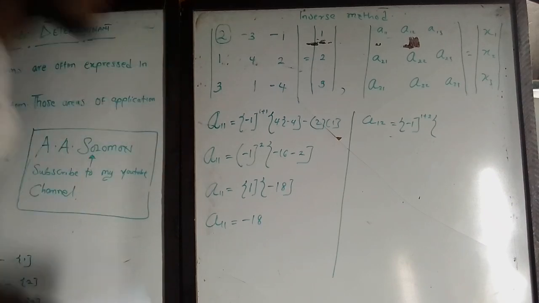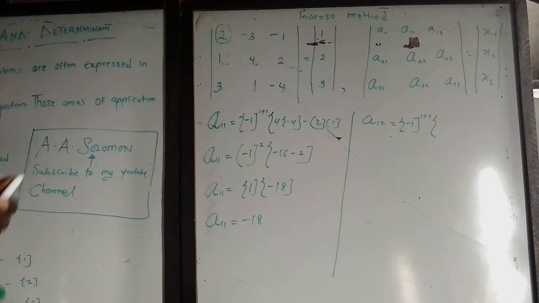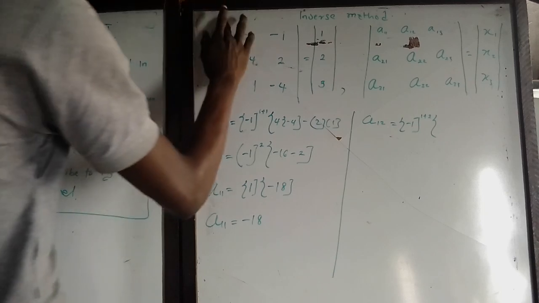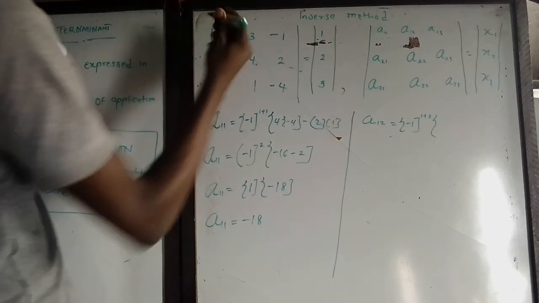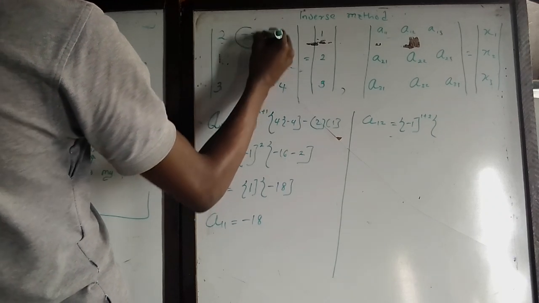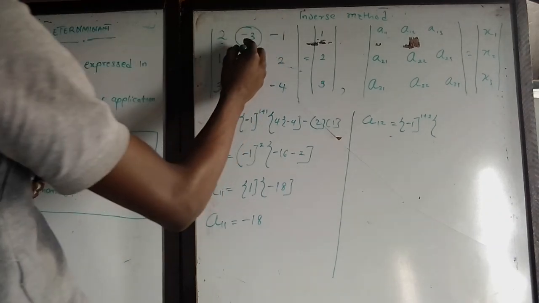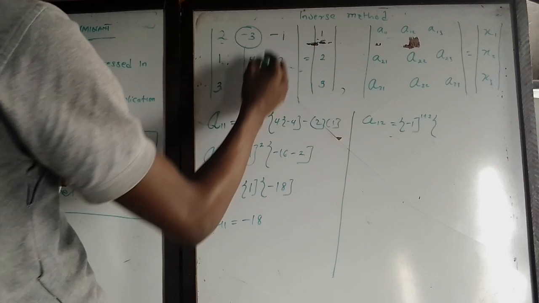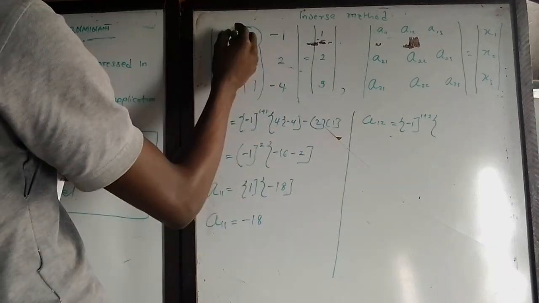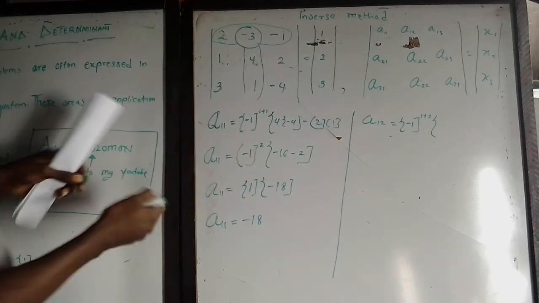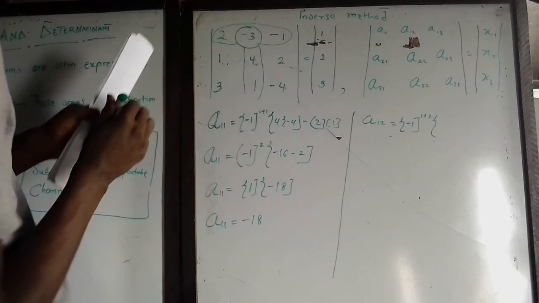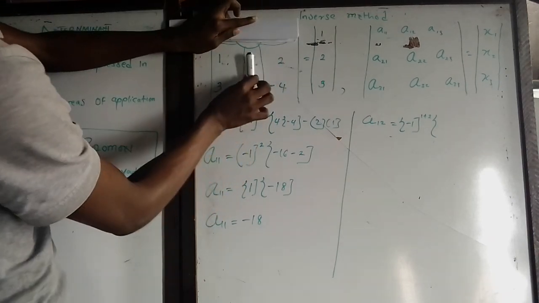So now you are choosing your A12, which is what? Minus 3. Have it? So you circle it. Your A12 will affect everything here and everything here. Do you understand? So your A12 will affect like this and like this.